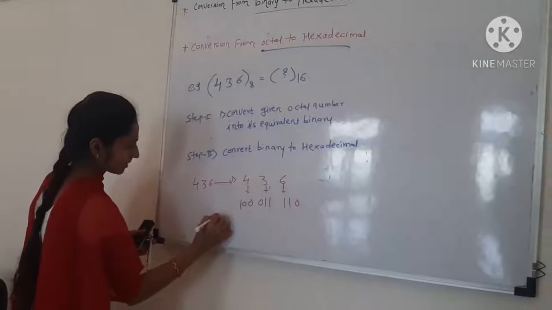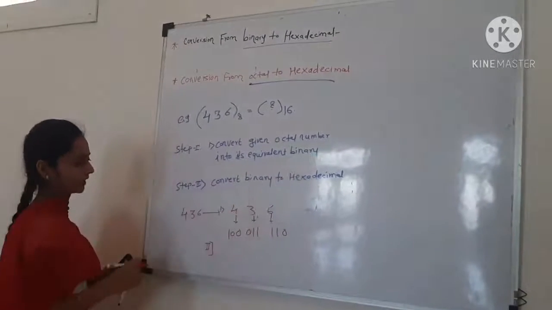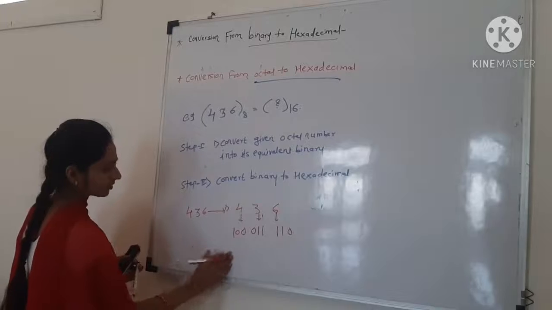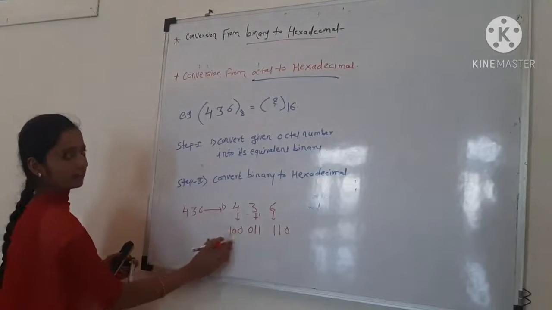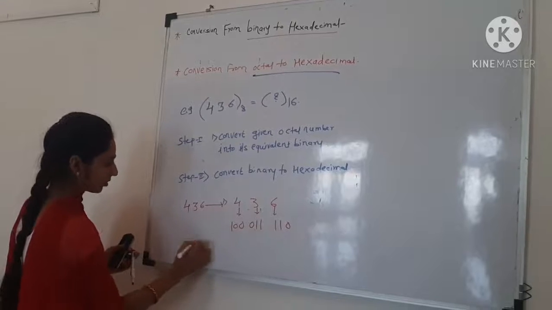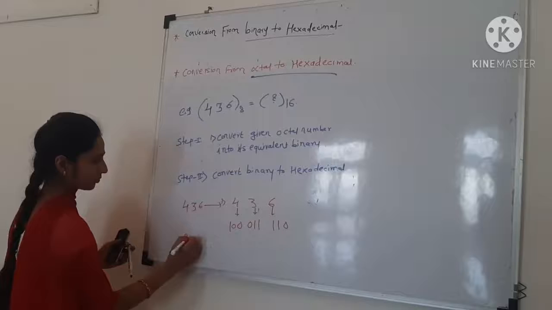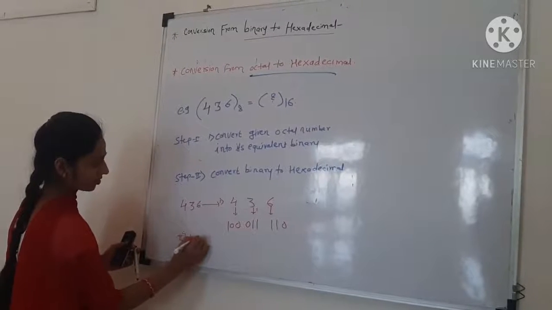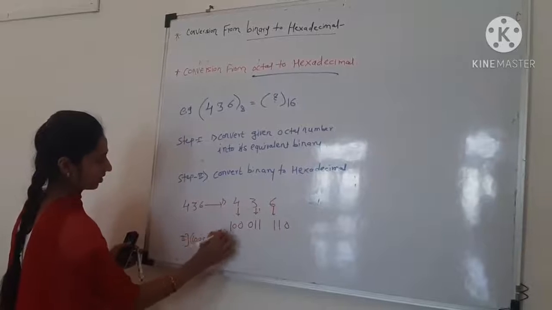Now the second step is to convert the binary number to hexadecimal. We have seen the process of converting binary to hexadecimal. So in step 1 we received the binary number 1 0 0 0 1 1 1 1 0.